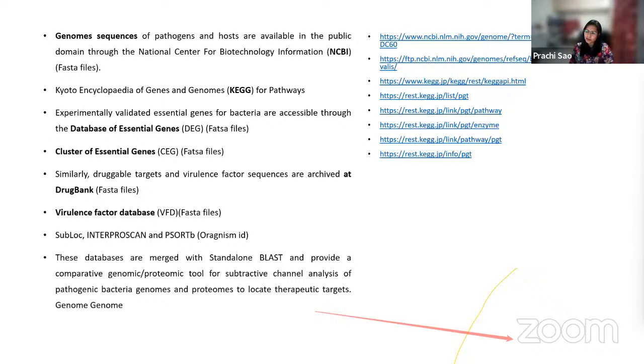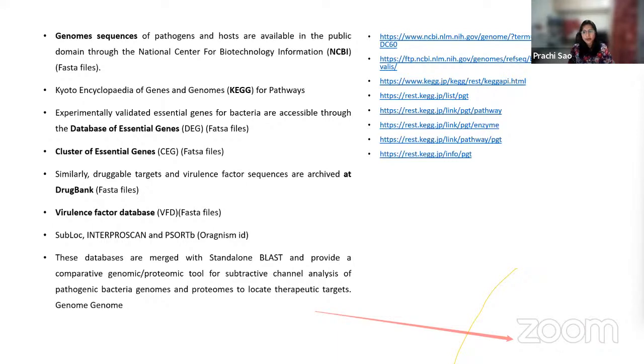If you don't know how to do standalone BLAST, it means BLAST we can download to our system and run. That is one way to use BLAST, and we can also run it online. It is better to use a standalone BLAST than the online tool, because the online database is updated very frequently, so you may not get the same result every time.